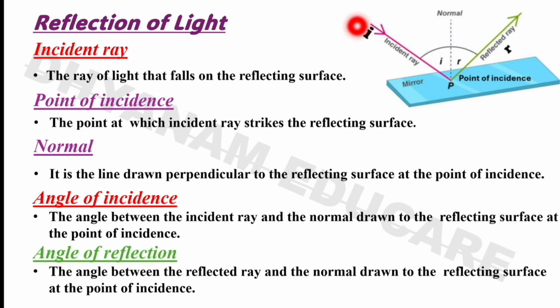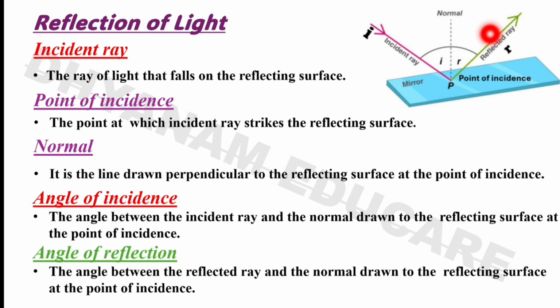That is, when light traveling from one medium falls on the surface of another medium, a part of the light is turned back into the first medium, it is called reflection of light. Here this one is the incident ray and it hits the reflecting surface, then it bounces back, it gets reflected.